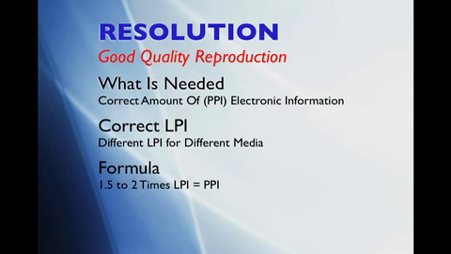And it's very important that you don't end up with resolution below 1.5 times the LPI. And it doesn't make it any better if you have more pixels per inch than 2 times the LPI. It's simply a matter of diminishing returns. It just doesn't make it better. Okay?